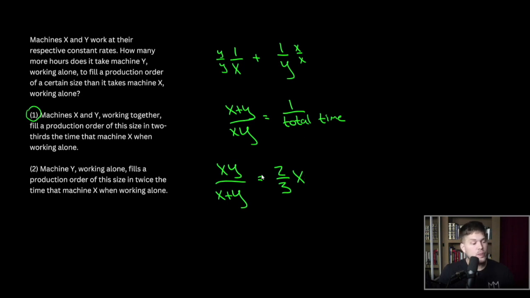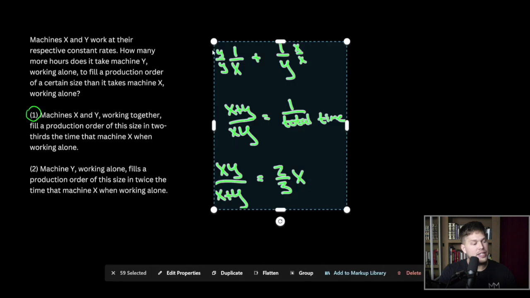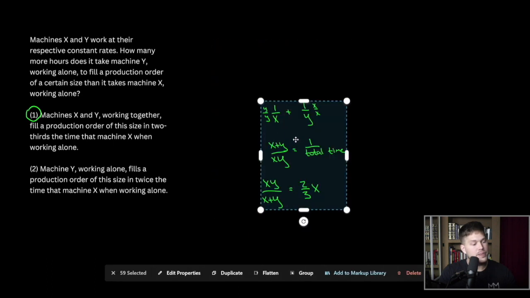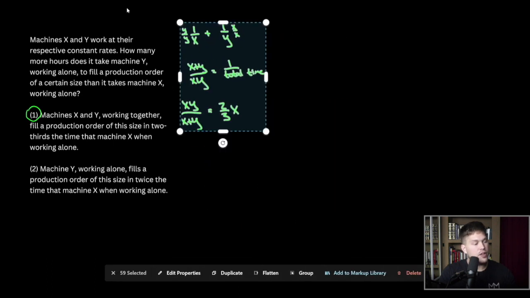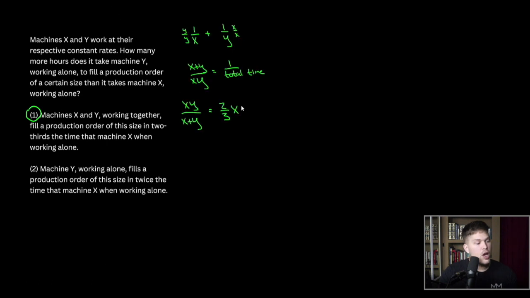Now that we're here, we can simplify this down. So let's shrink this up and then continue solving the problem. Here I'll even change colors for us. So I can multiply both sides by 3/2, and I'll have 3 times xy over 2 times x plus y, and this equals x.